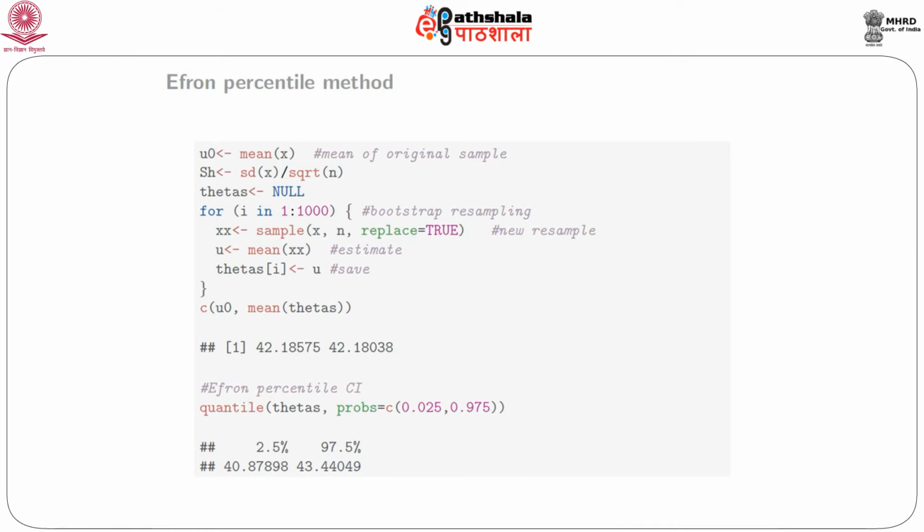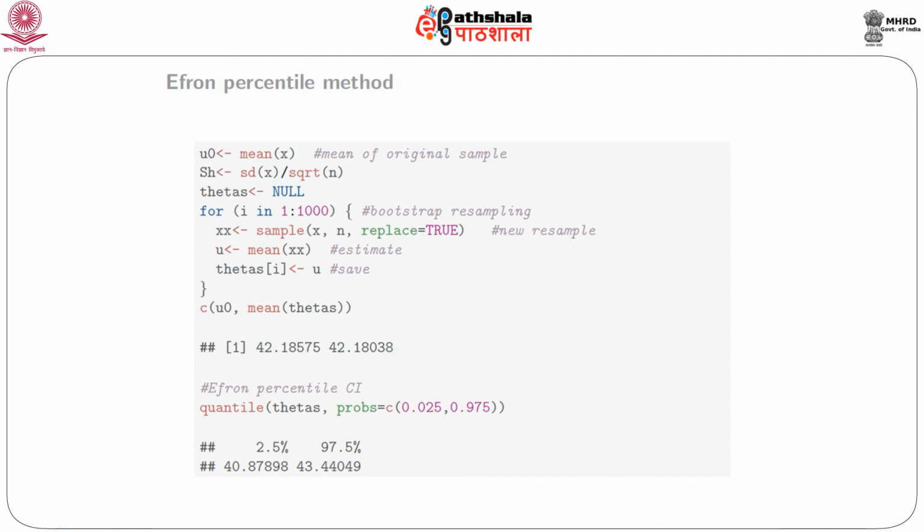So, we start with, again for reproducibility, set.seed, and the value can be different. u0 is the mean of x, that is the mean of the original sample, and then we produce the standard error denoted by SE here, sd(x) by square root of n, and a vector to store the bootstrap means which is thetas, and then for i runs from 1 to 1000 we start the non-parametric bootstrap resampling.